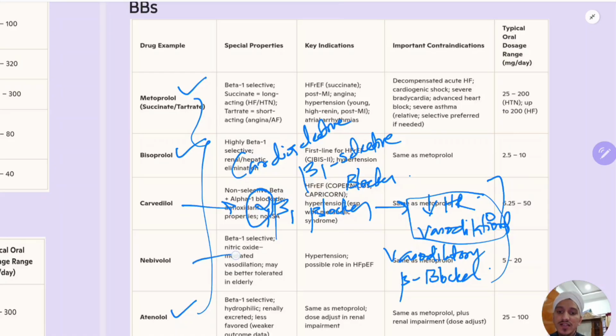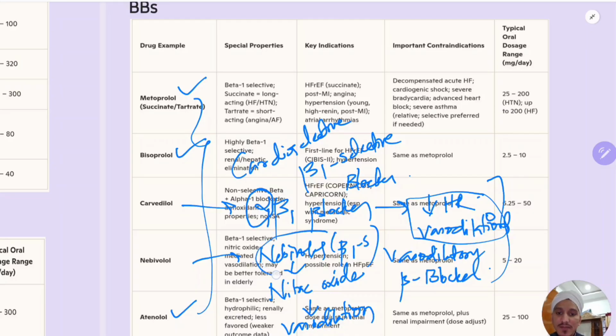And one more thing is Nebivolol. The special property of Nebivolol is that it enhances the release of nitric oxide, and because nitric oxide is a vasodilator, it causes vasodilation. This is also beta 1 selective.